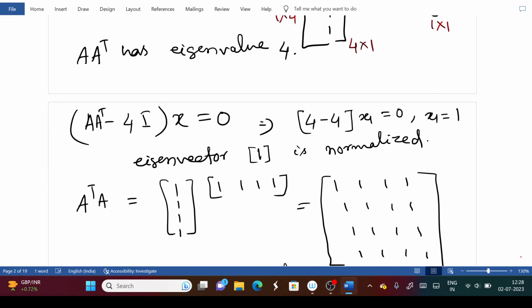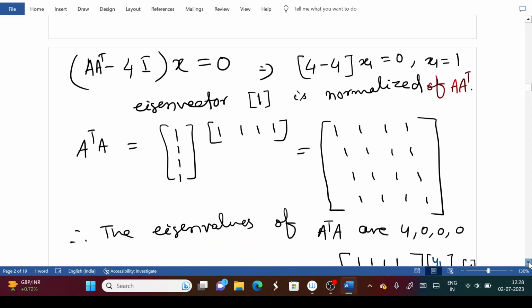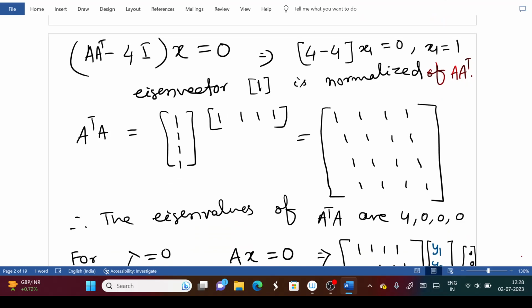So 1 is a normalized eigenvector of A A transpose. Now we will go for the other matrix, that is A transpose A, which is a 4 cross 4 matrix. Observe here, the sum of all the diagonal elements is 4.